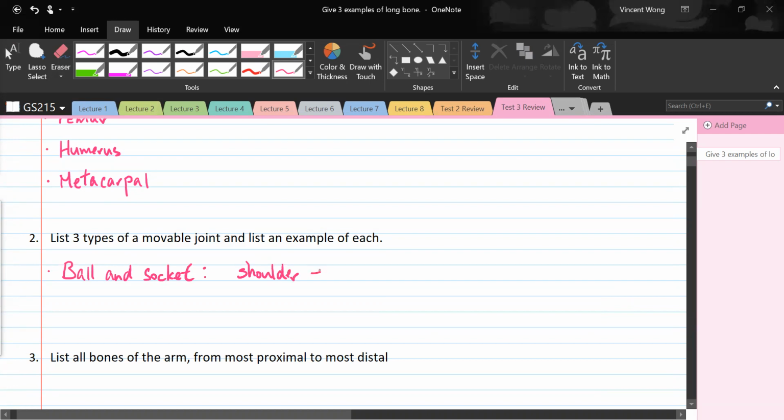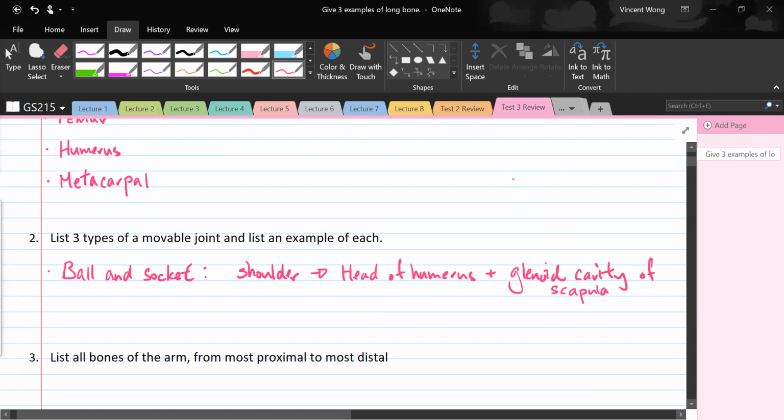At the shoulder, we have the head of the humerus, which is going to be inserted into the glenoid cavity of the scapula.